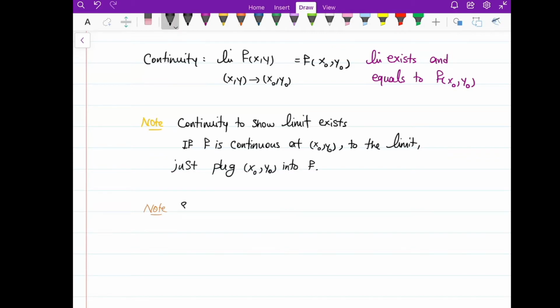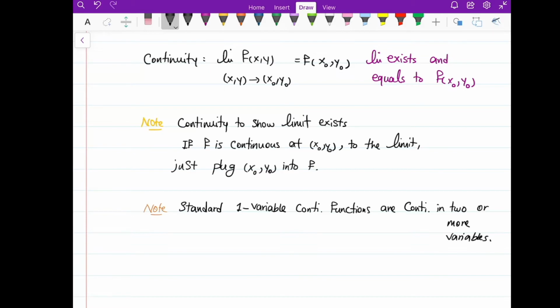We're going to say that standard one variable continuous functions are continuous in two or more variables. Like, for example, constant functions.